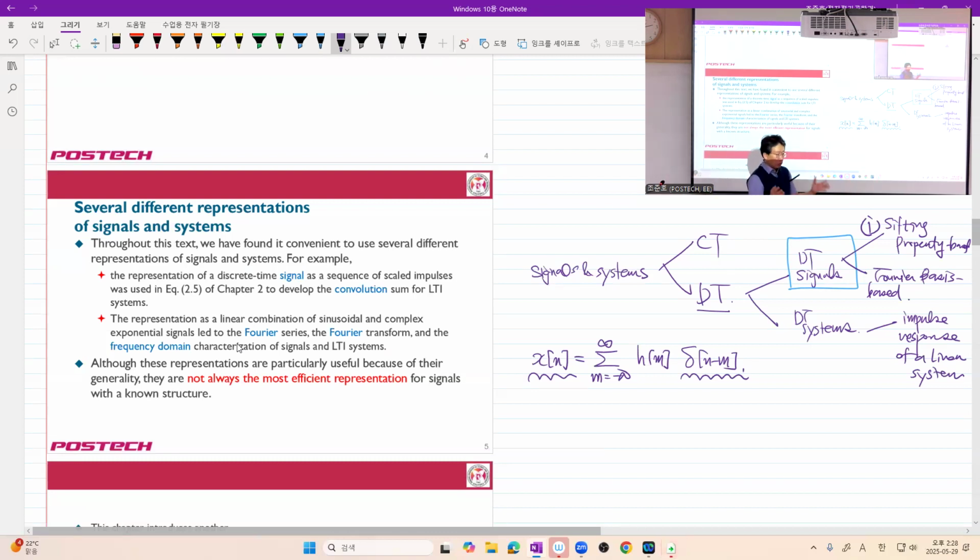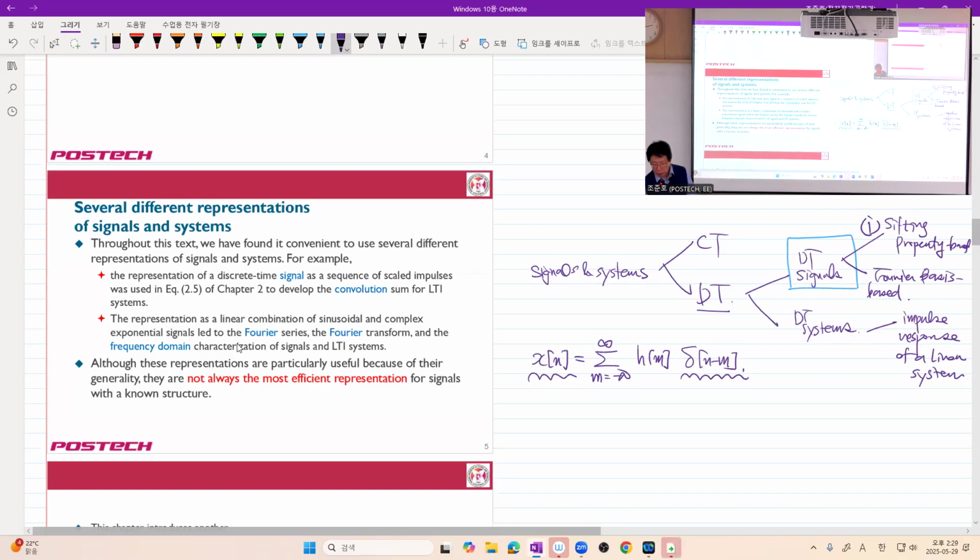And also about causality, an LTI system is causal means its impulse response is a causal signal. The LTI system is BIBO stable if and only if the impulse response is absolutely summable. In that sense, this shifting property based representation of a discrete time signal had many interesting results.